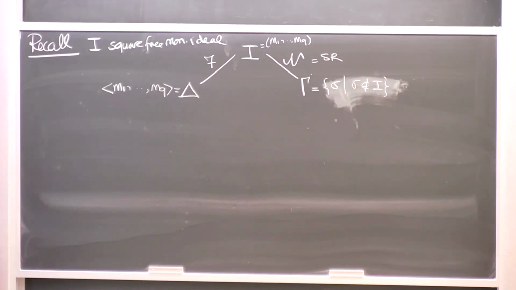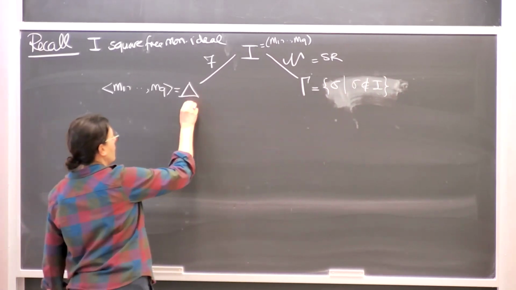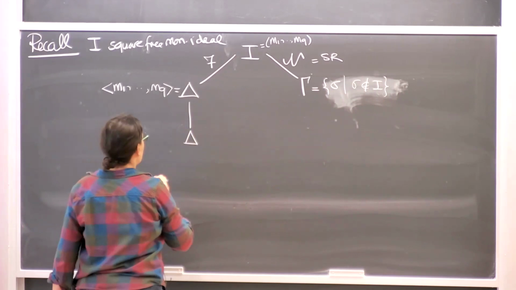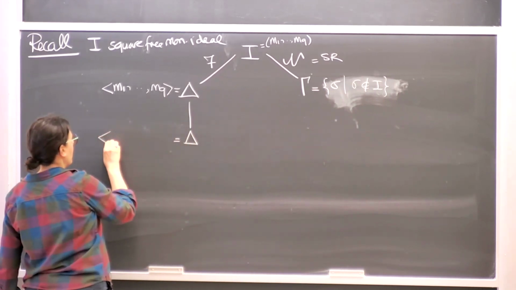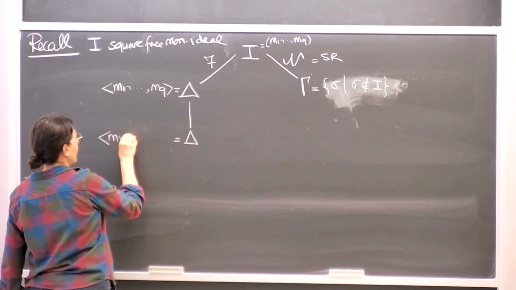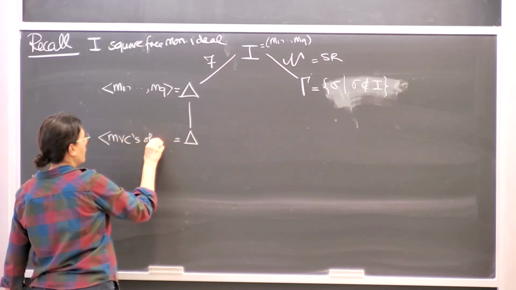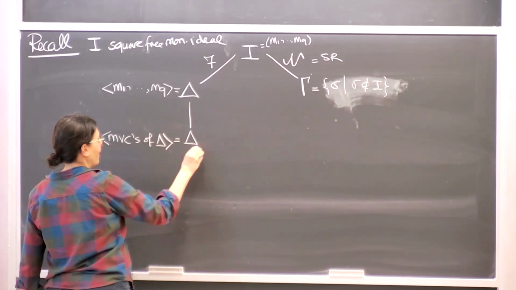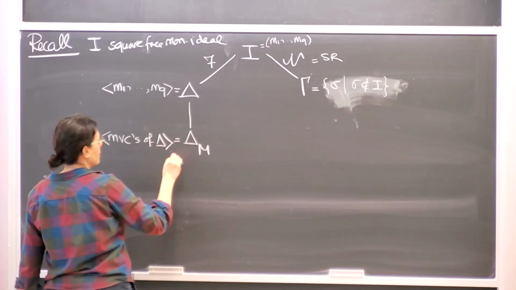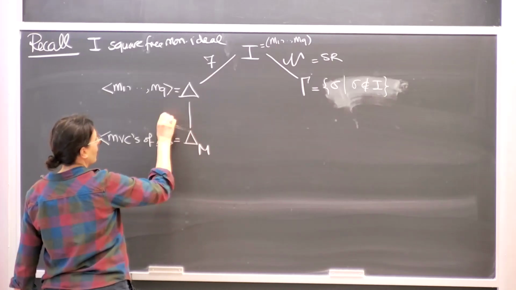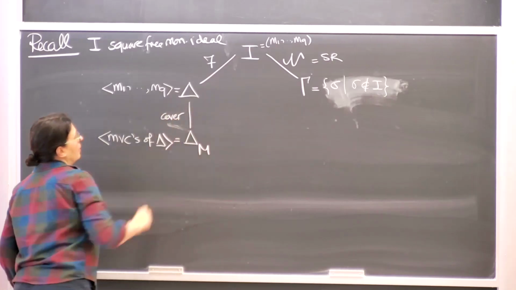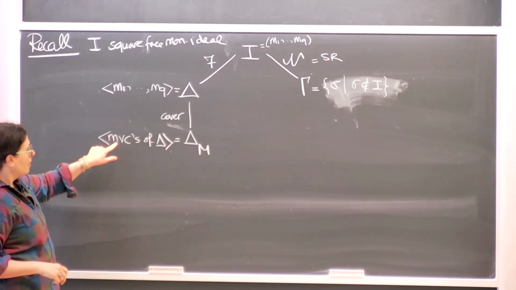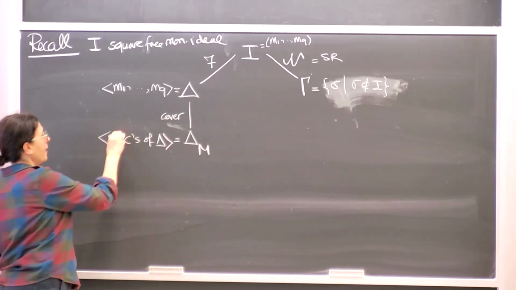Okay. And we have the cover complex here. So here the facets are minimal vertex covers of delta. Those are the facets, and it's delta M. This is called the cover duality. These are really the minimal primes of I.